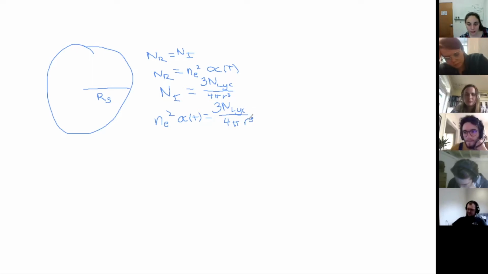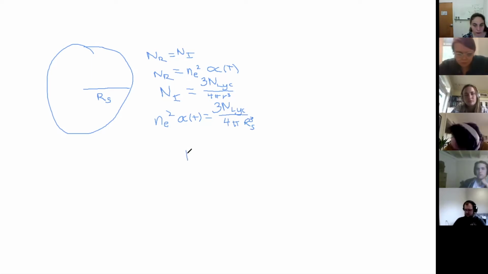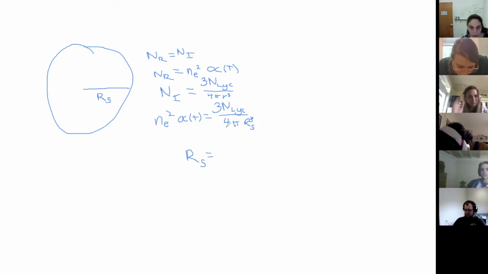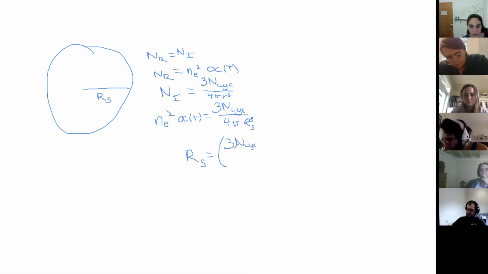But now we can turn this little r into capital R sub s and solve for that to get R_s equal to 3 N Lyman continuum over 4 pi n to the 1/3.